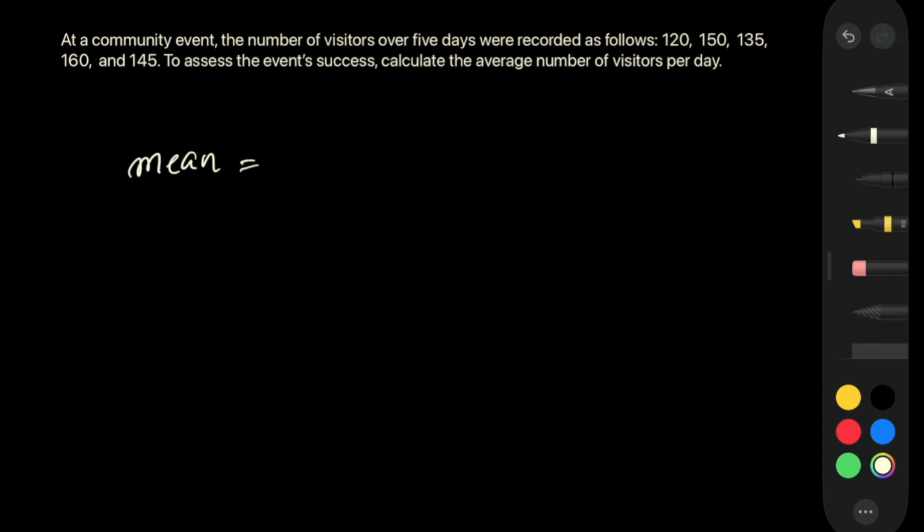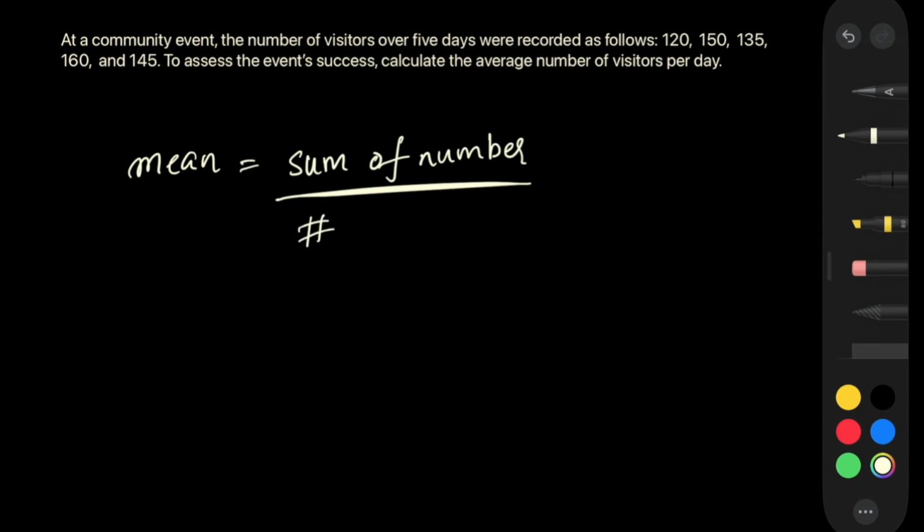Now, the mean of a set of numbers is the sum of the numbers in that set divided by the number of numbers in that set.